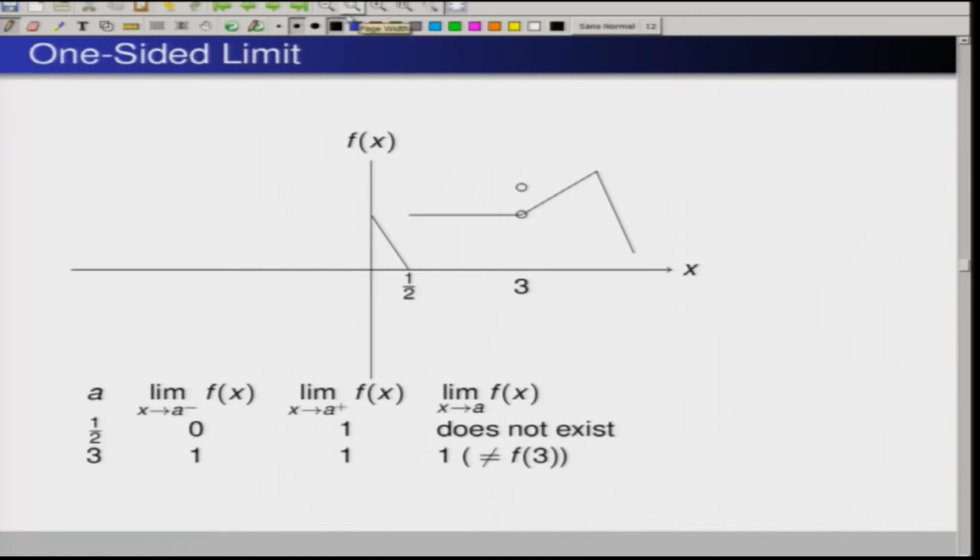So, here are two issues. One is that for the limit to exist, the left hand limit and right hand limit should exist and they must be equal. It is not necessarily true that the limit of f of x as x goes to a is going to be equal to f of a.